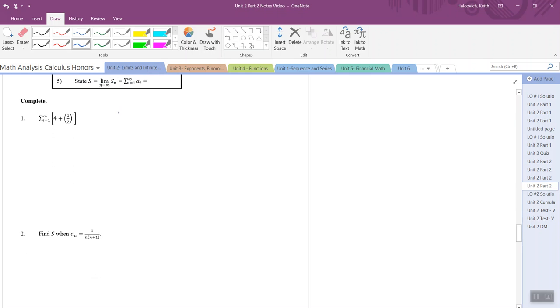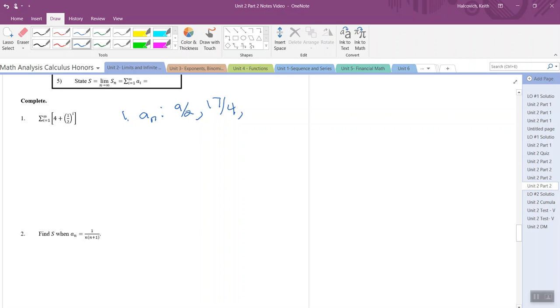So the first of that 5-step process is to list the first 5 terms of the sequence. So the first term here, if I put 1 in, 4 plus 1/2 is 9/2. And then if I put 2 in, I get 1/4 because 1/2 squared, so 4 plus 1/4 is 17/4.